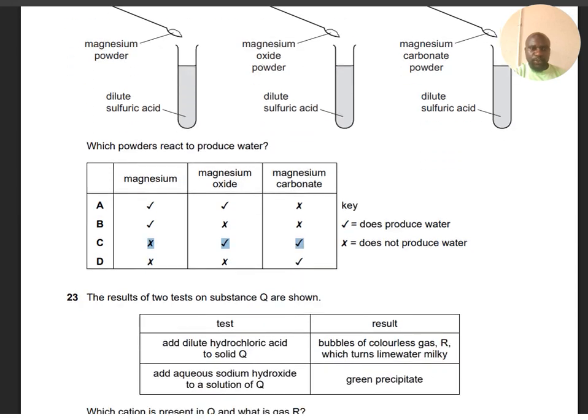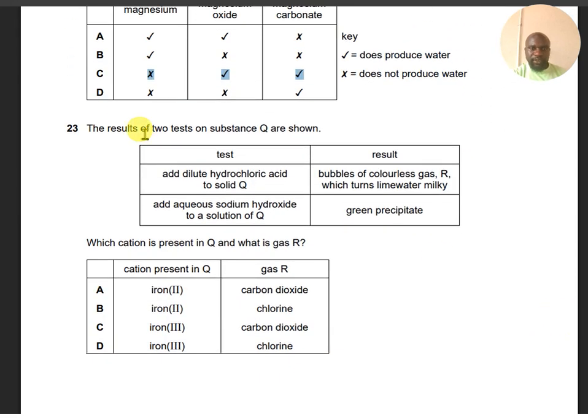Moving on to number 23, the results of two tests on substance Q are shown. Test one is add dilute hydrochloric acid to a solid, and the result is bubbles of colorless gas which turns limewater milky. Test two is add aqueous sodium hydroxide to a solution of Q, then a green precipitate.